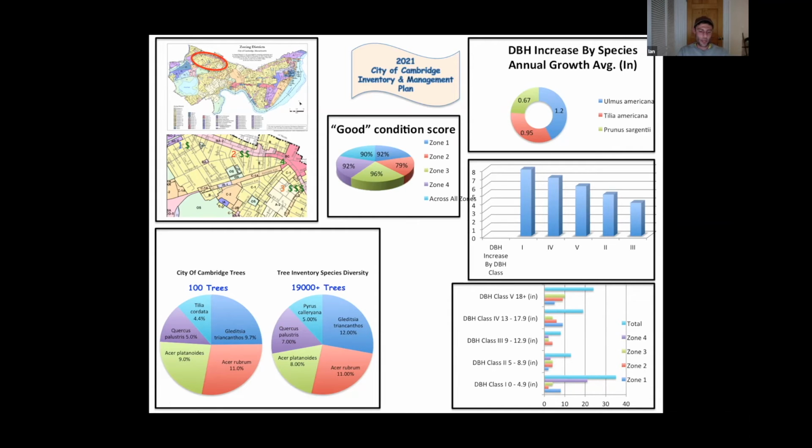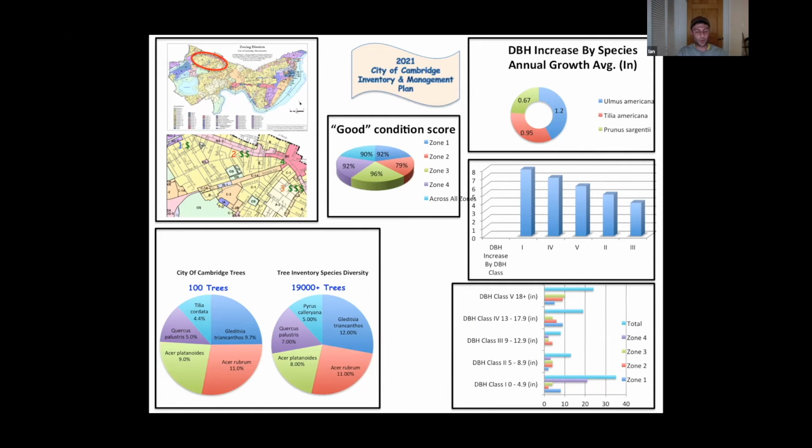One of the approaches that I took was to focus solely on sharing data about my inventory, as opposed to comparing a lot of existing data about the city's trees to mine.